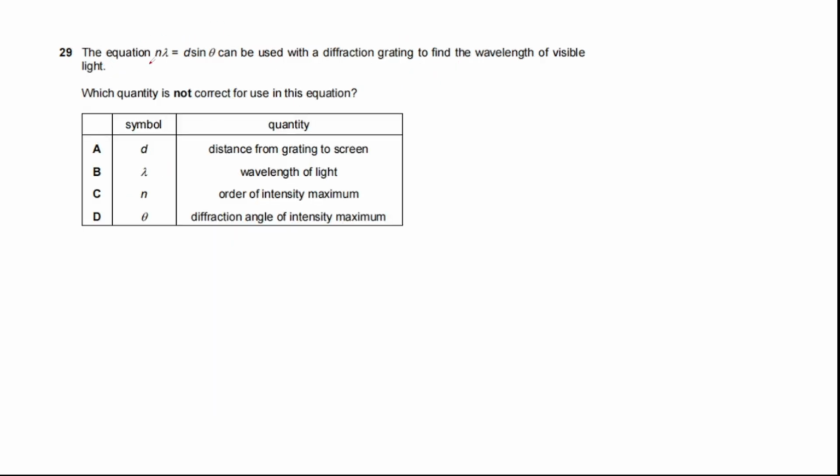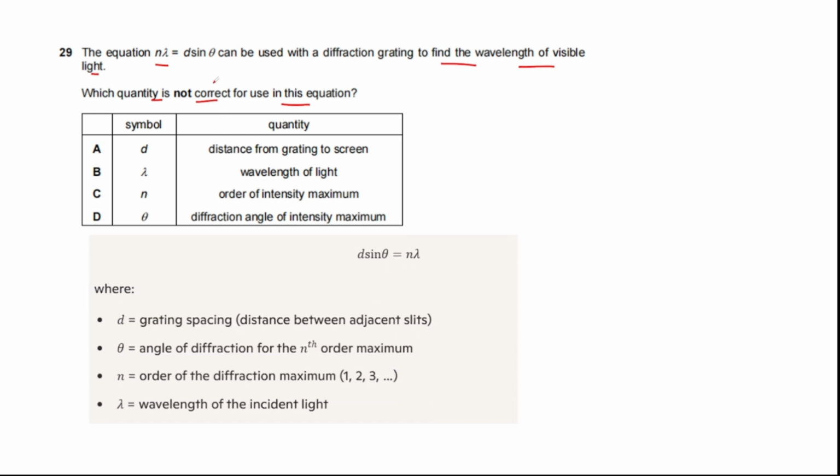Question number 29. The equation n lambda equals d sine theta can be used with a diffraction grating to find the wavelength of visible light. Which quantity is not correct for use in this equation? So the formula is the grating formula, and d represents the grating spacing.